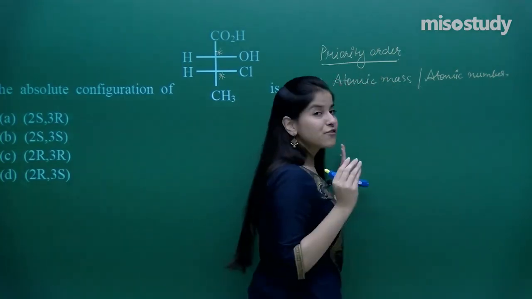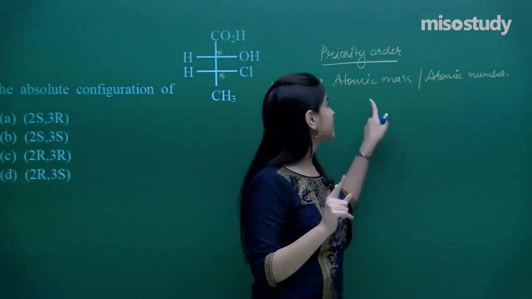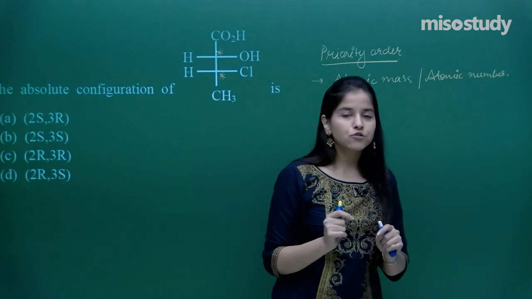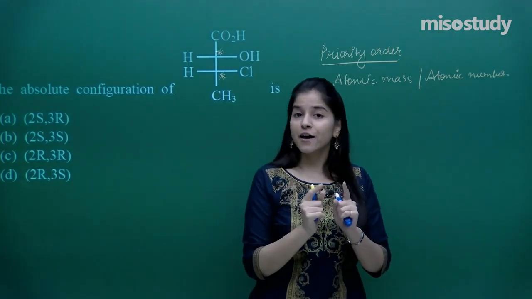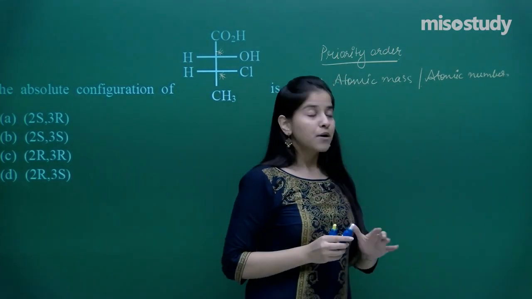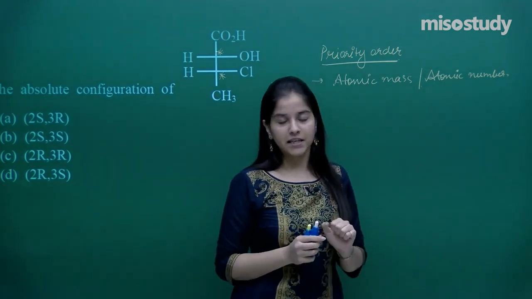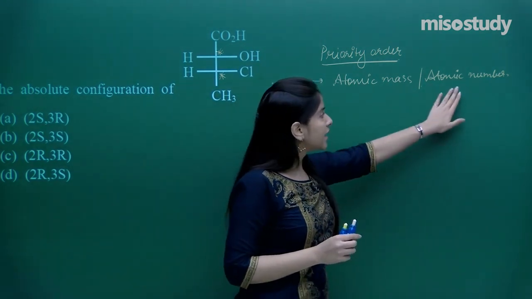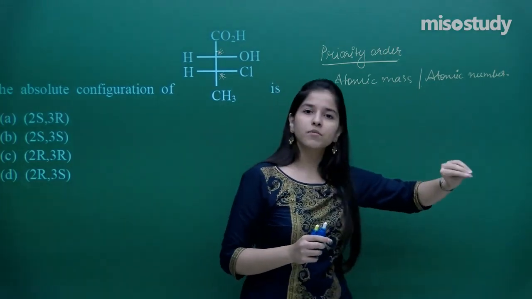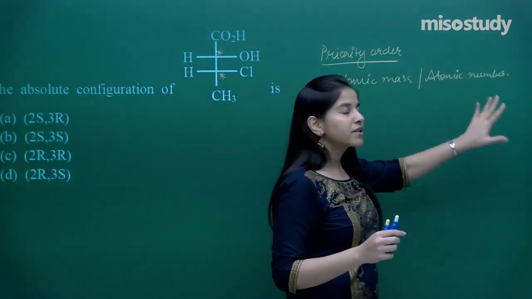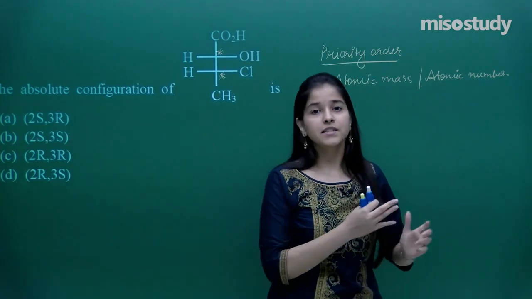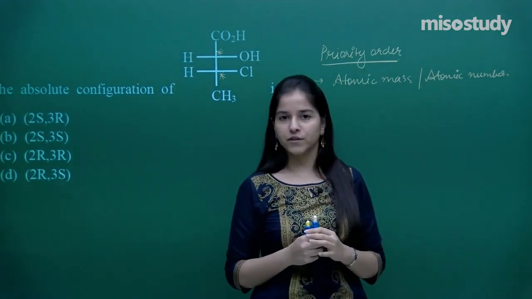In the case of isotopes, we need to consider the atomic mass, because isotopes have different numbers of neutrons, so the atomic mass will be different, whereas in the case of normal elements, the atomic number always differs. That is, the number of electrons is always different.